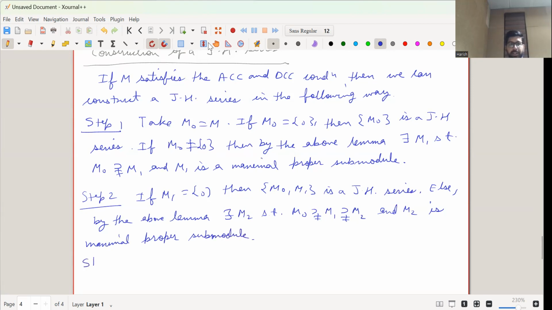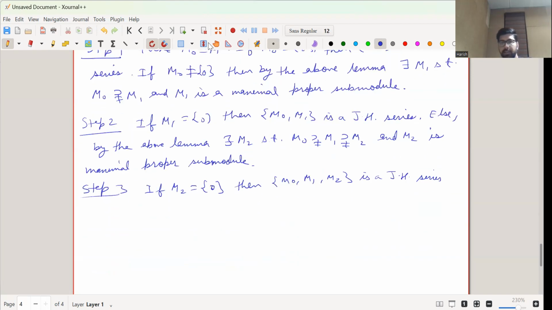So you do the same thing again: if M2 is equal to 0, then M0, M1 and M2 is a Jordan-Hölder series, and otherwise you will find M3 and so on.